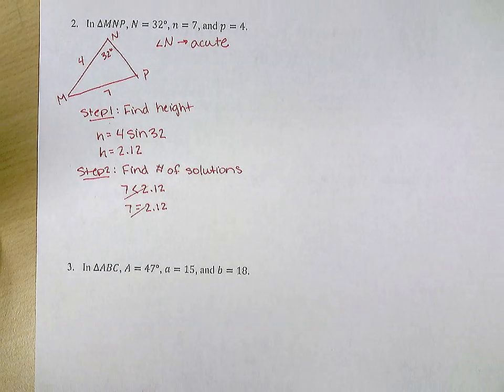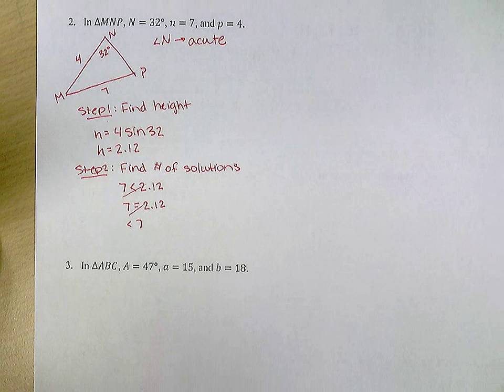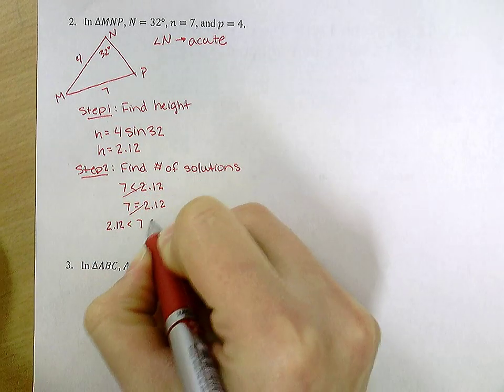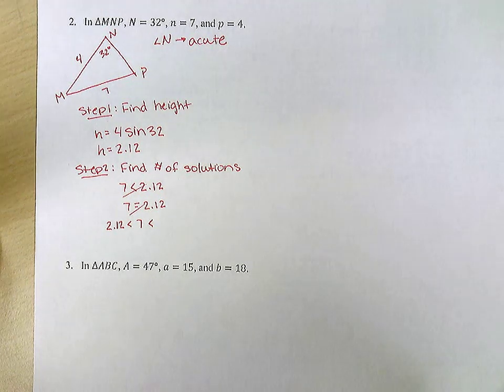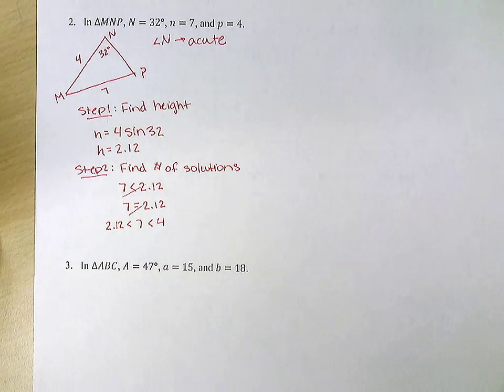Okay, the next case here, our A value of 7, is it greater than H and also less than the other side I was given, so side P, which is 4? So is 7 greater than 2.12 and less than 4?